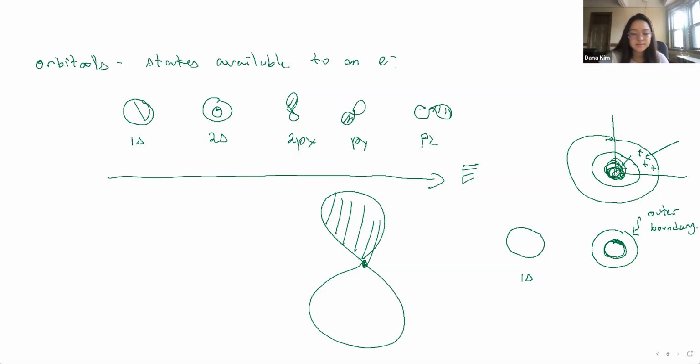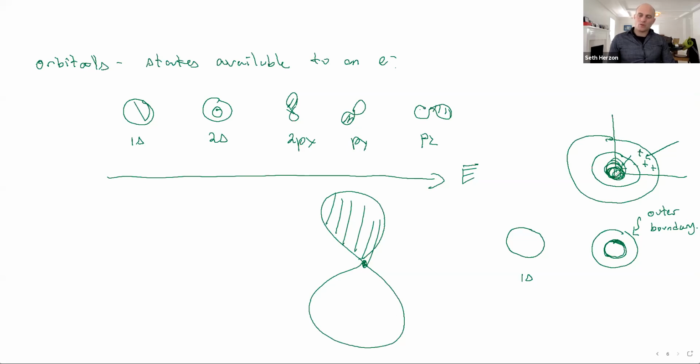Yeah, go ahead, Dana. I'm not sure if I missed something, but when you draw the dumbbells and you shade in one half, what does that mean? What I'm showing is the change in sign of the wave function.